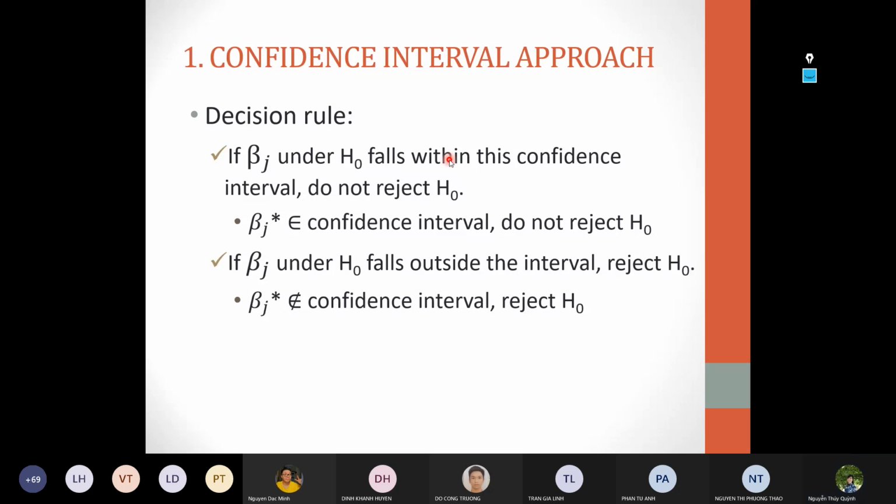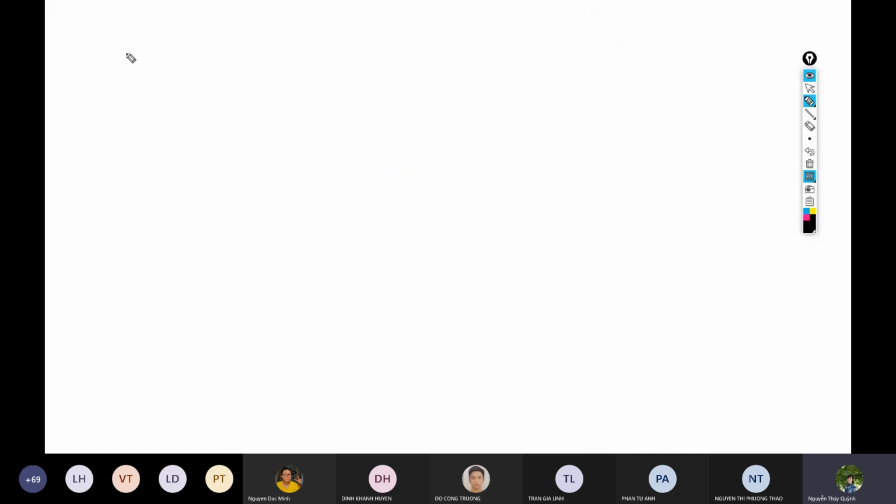But if the suspect value beta j star does not fall into the confidence interval, then you can reject the null hypothesis H0. Now let's see the reason behind this.